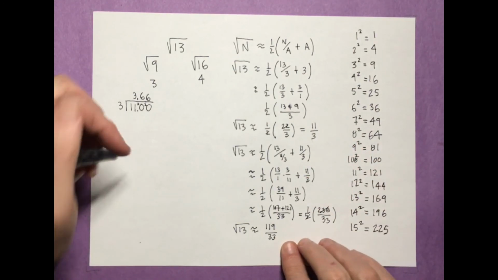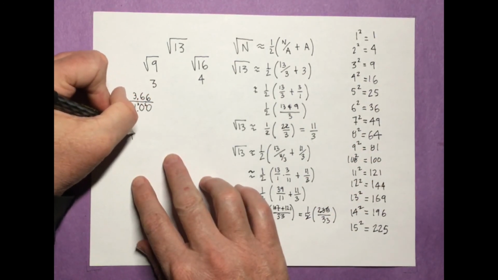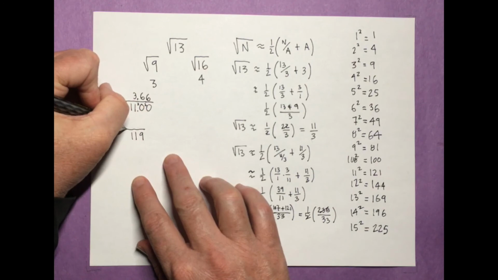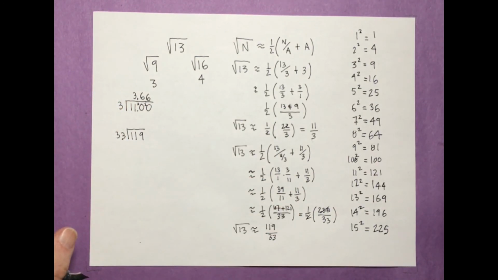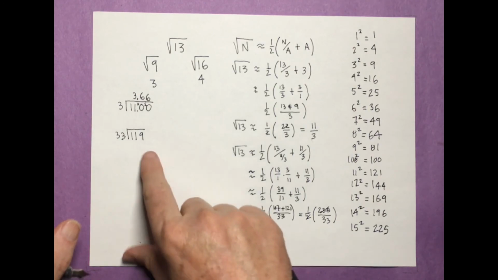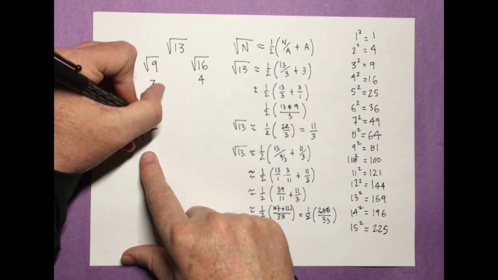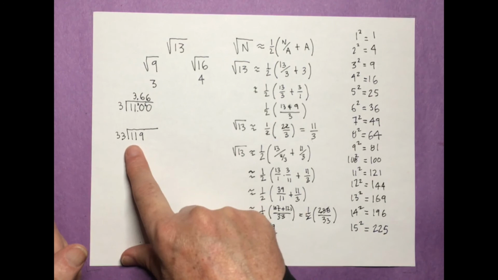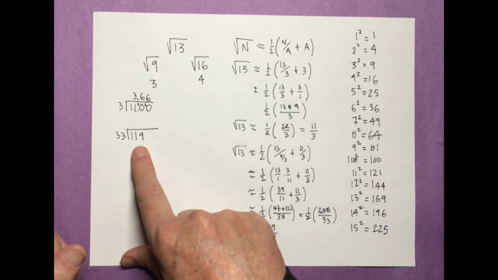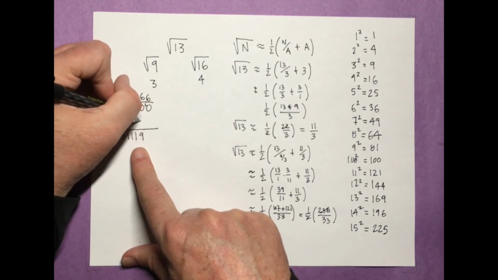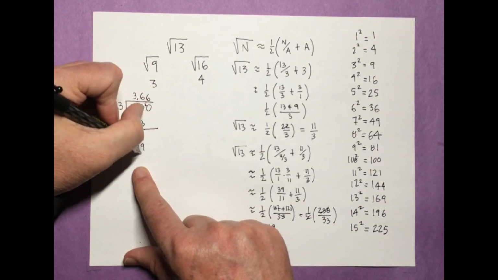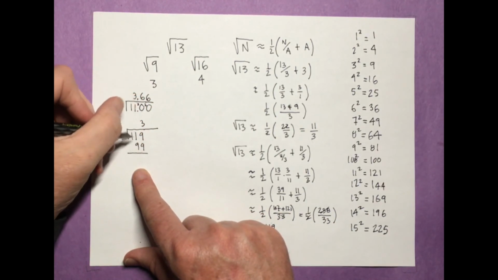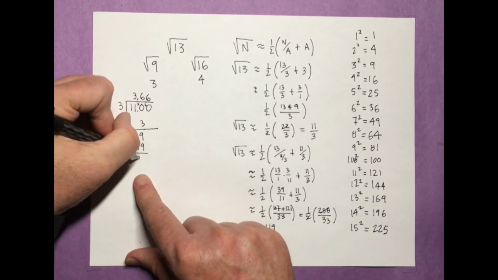So that should be a better approximation than 11/3. Well, let's see. What is 119 divided by 33? 33 doesn't go into 11, but 33 goes into 119 3 times, because 3 times 33 is 99. So let's subtract those. 119 minus 99 is 20.